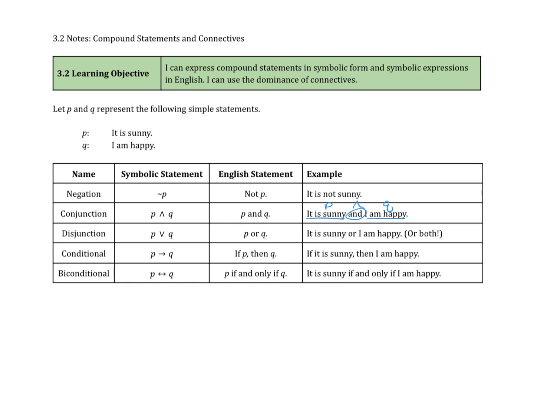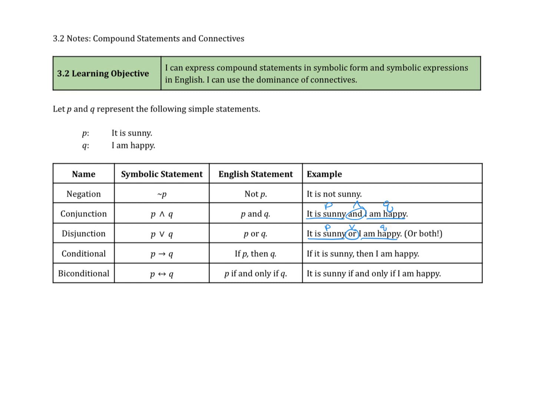The next one, disjunction, is like a capital V. It represents the word or. So P or Q would be it is sunny, that was P, or I am happy.